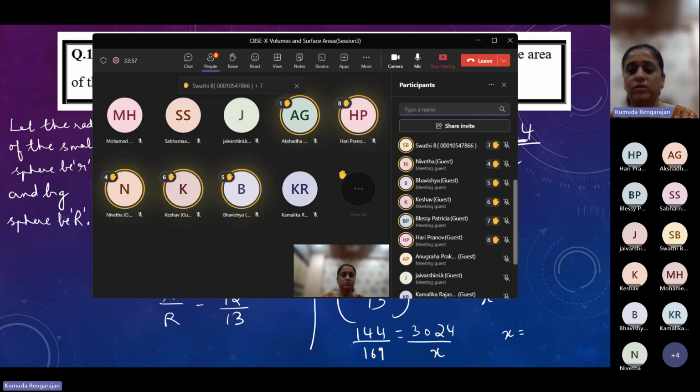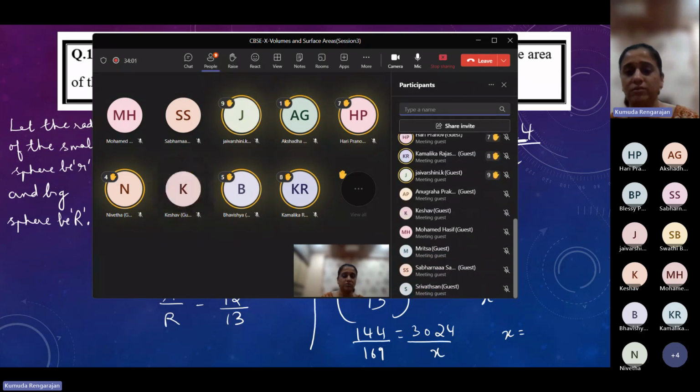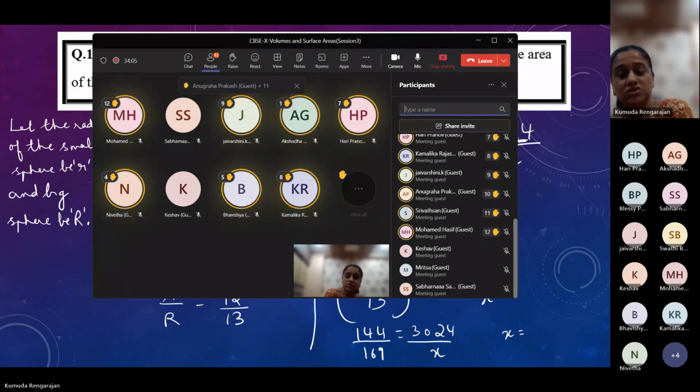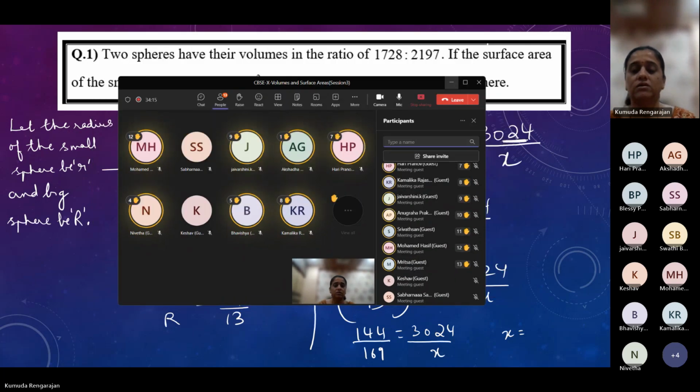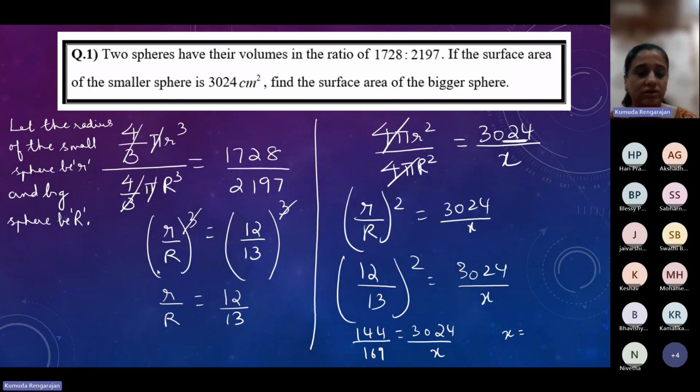Akshada, Anirudhan, Swati, Niveda, Bhavishya, Keshav, Blessy, Haripranav, Kamalika, Jayavashini, Anugraha, Keshav, Srivatsan, Mohammed, Ritsa, Sabarna and Sadhna. Please tell me the value of x, children.